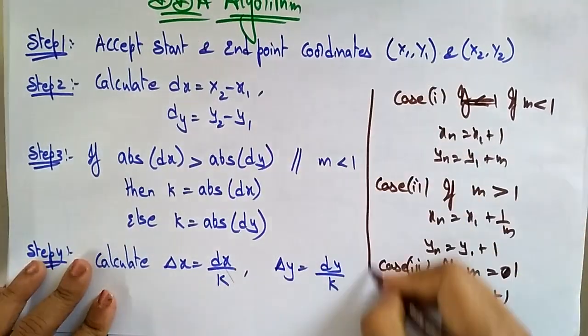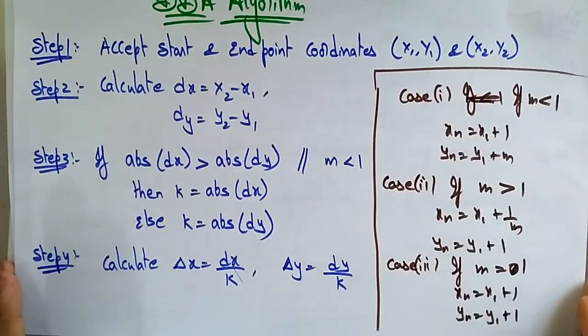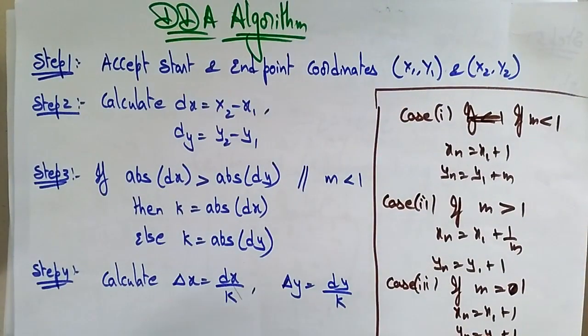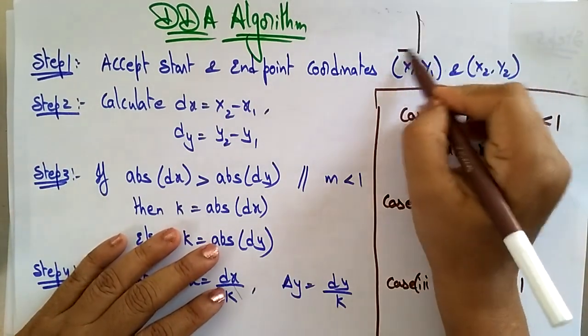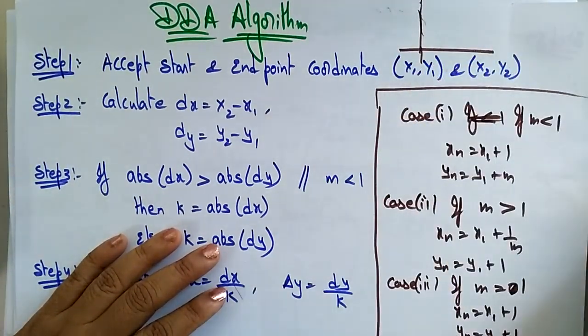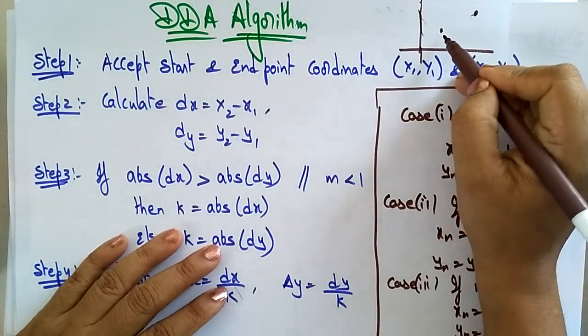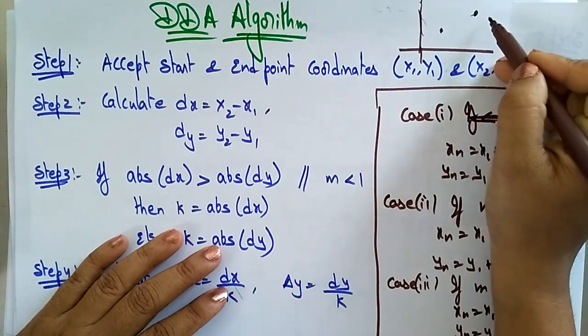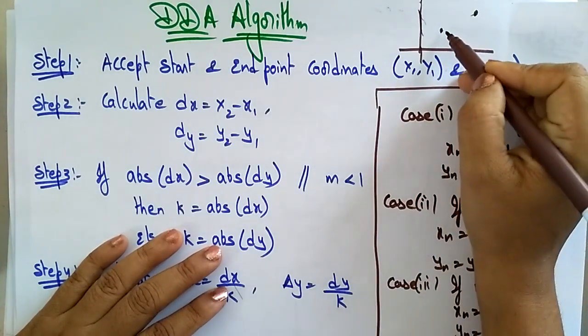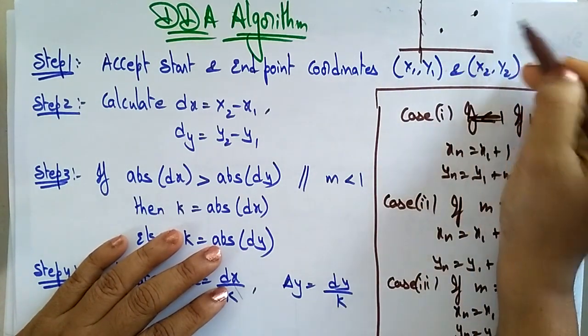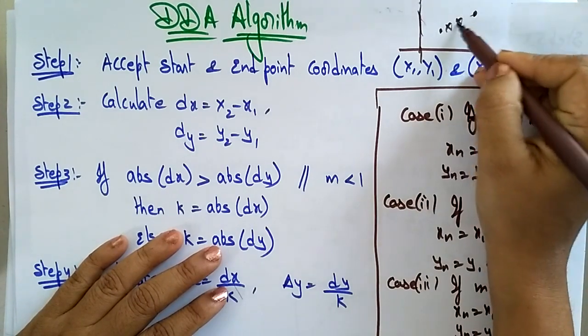Now let me explain this algorithm. The main aim is to draw the line segment on the coordinate plane. You know the starting point and the ending point, but to draw that line you need to know the intermediate points also.